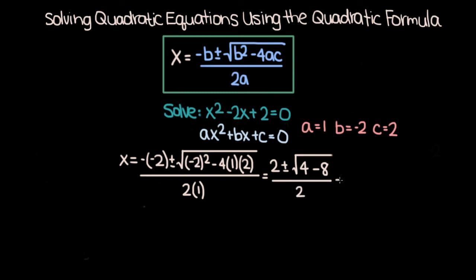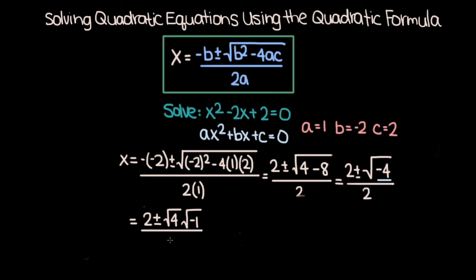So if we simplify this one step further, we get 2 plus or minus the square root of 4 minus 8, which is negative 4, divided by 2. Now if we continue the simplification process, we get that x is equal to 2 plus or minus the square root of negative 4, which we can split up into the square root of 4 and the square root of negative 1, divided by 2.